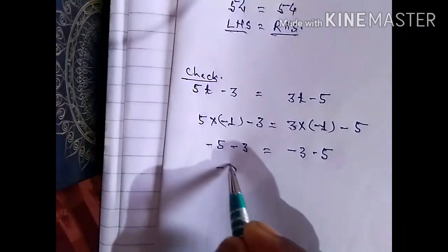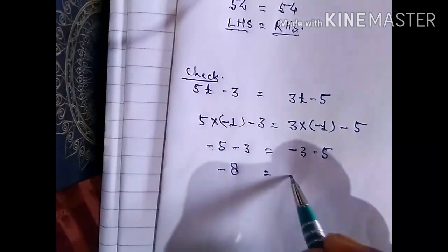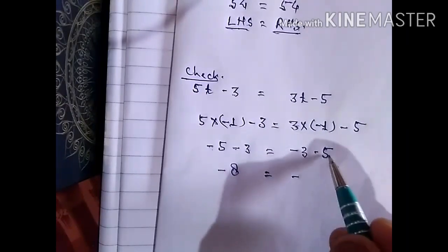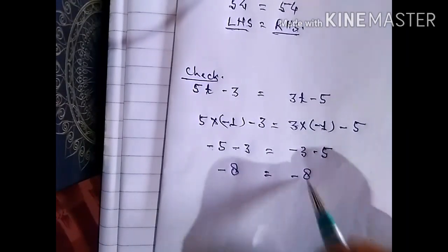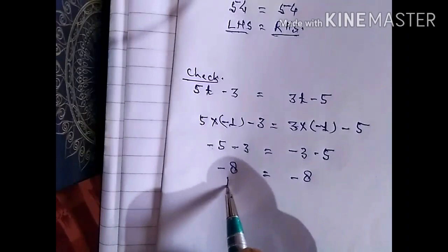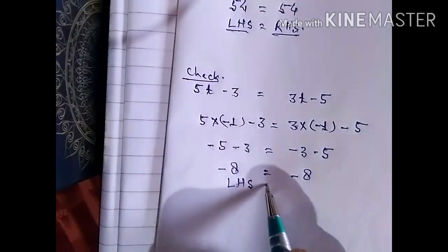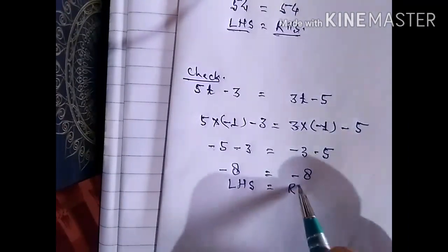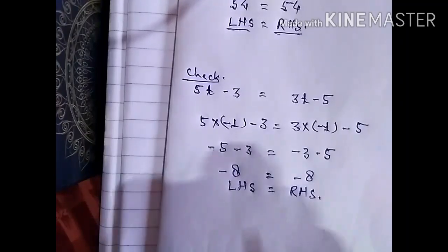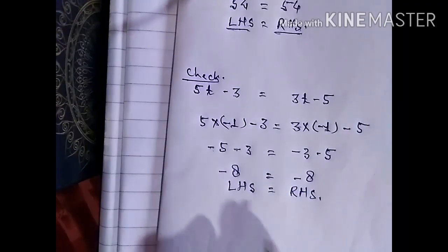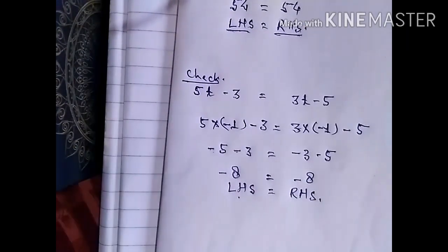This will be minus 8, equal to, again, minus 3 and minus 5, which is minus 8. So the left hand side is equal to the right hand side. So our solution is correct, because left hand side is equal to right hand side, students.